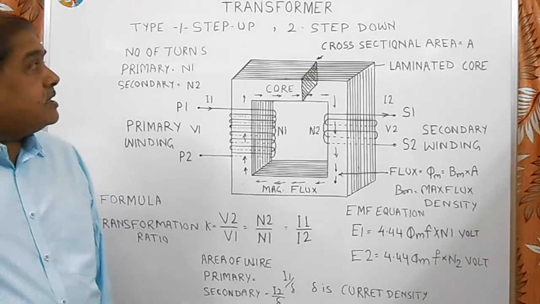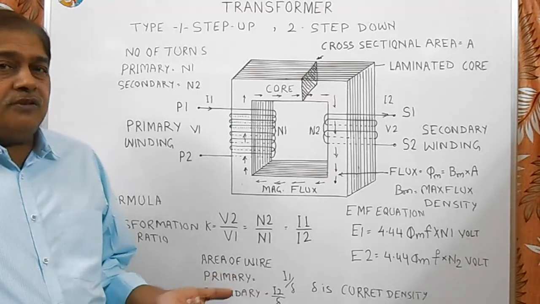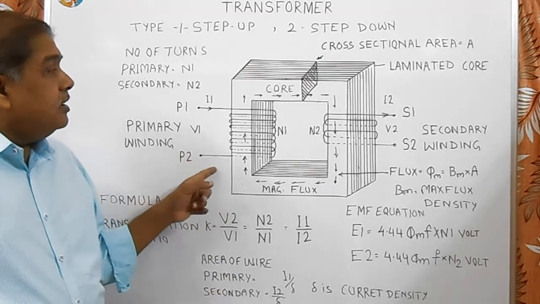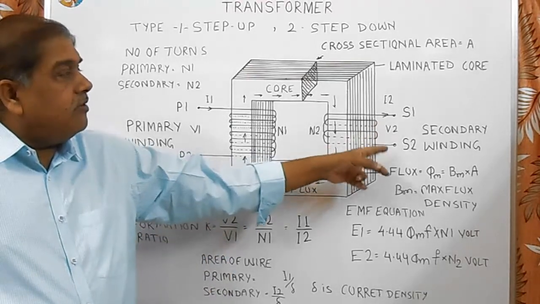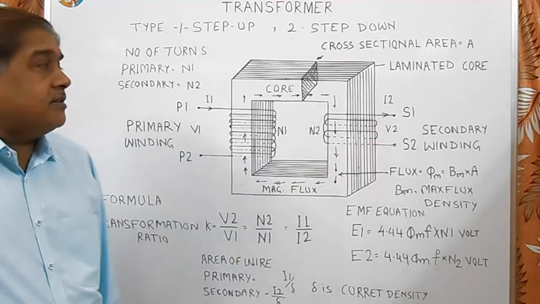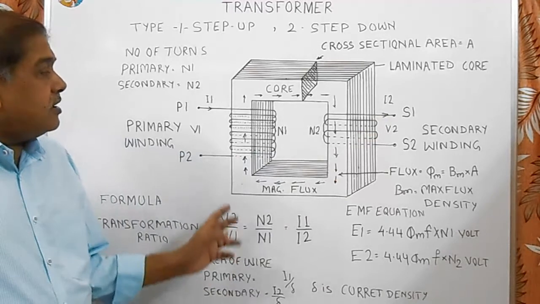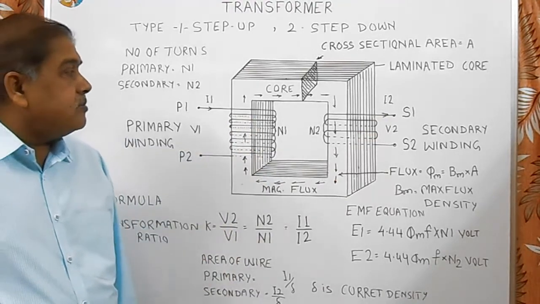And in case of step-down transformer, we are using very small transformers at our homes, where we give 220 volt input and we find 12 volt or 24 volt output voltage. So this is known as step-down transformer.